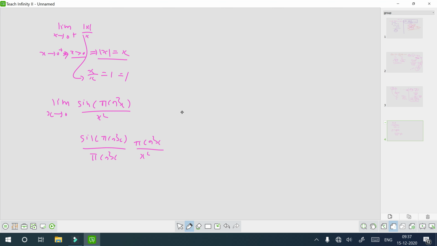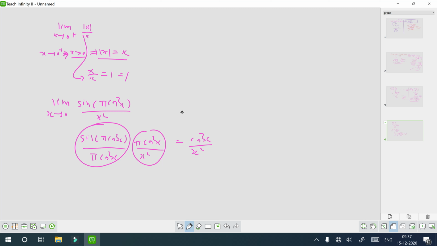Yes or no? Yes. Now see, here sine theta over theta comes out 1, with pi outside. Now cos square x over x square, that we have to see.